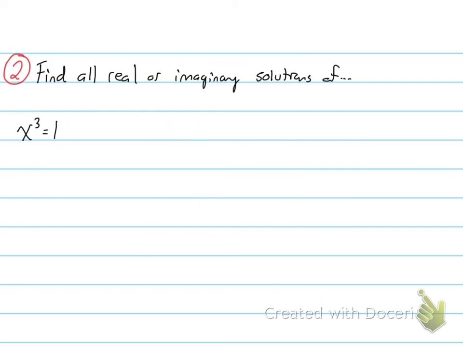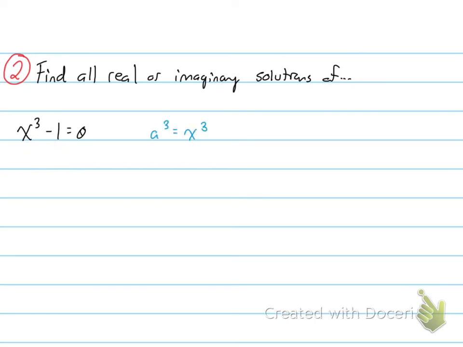So let's end the day by doing one example problem using this method. Here I want to find all of the real or imaginary solutions of x cubed equals 1. Same thing here, I'm going to move that 1 to the other side to get everything equal to 0. From here, what I'll notice is that x cubed is a perfect cube and 1 is also a perfect cube. So I can use that sum or difference of cubes method.